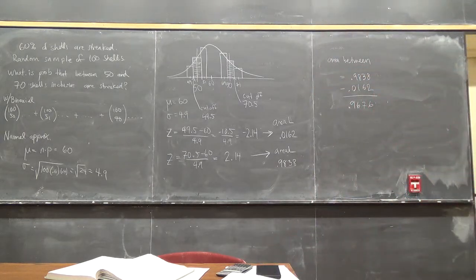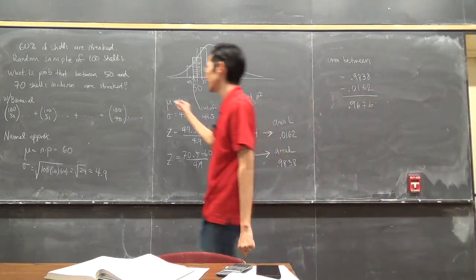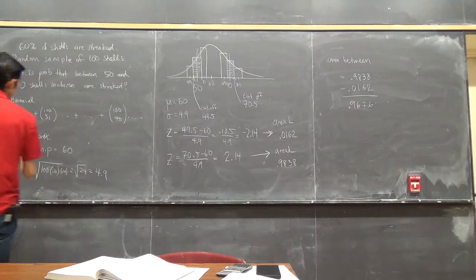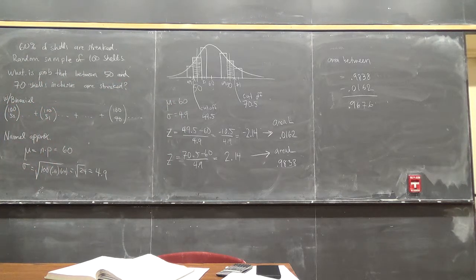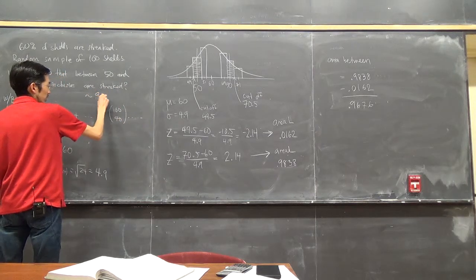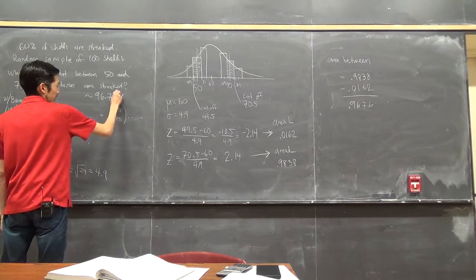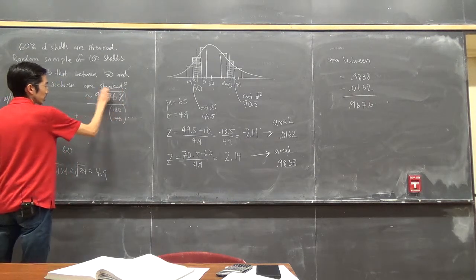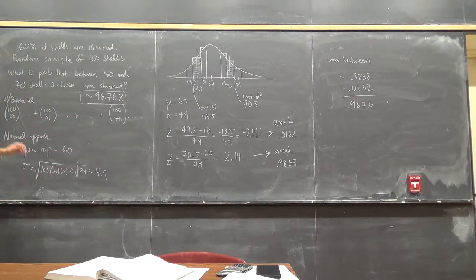So what is the probability that between 50 and 70 shells inclusive are streaked? 96.76%, so about 97%. Again, this is an approximation using the normal model. We could do the binomial calculations and we would get the exact answer. This is our approximation here.